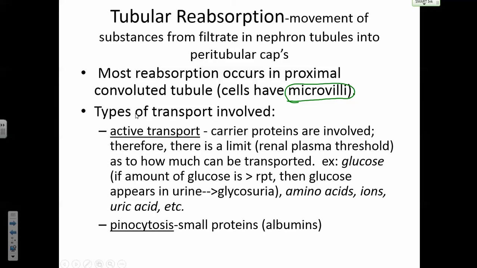Okay, there's a lot of different kinds of transport mechanisms. And your book gives maybe a little bit more discussion of these, but you'll recall a lot of these terms: active transport, passive transport, pinocytosis, osmosis. There's a lot of ways substances are transported.